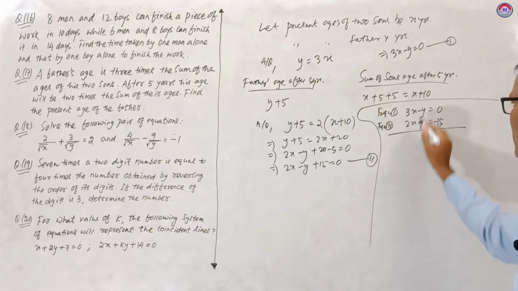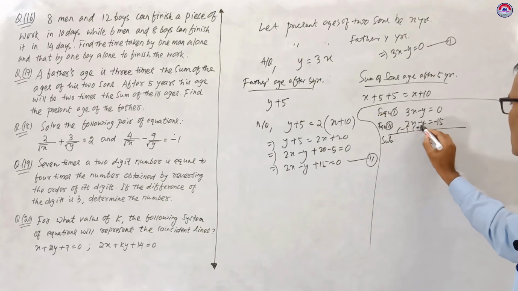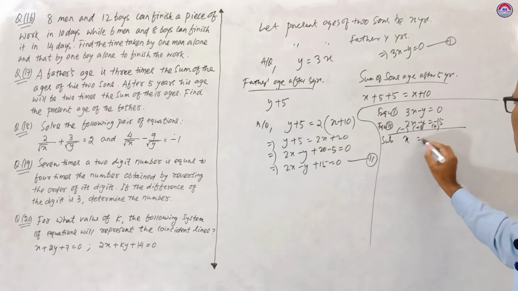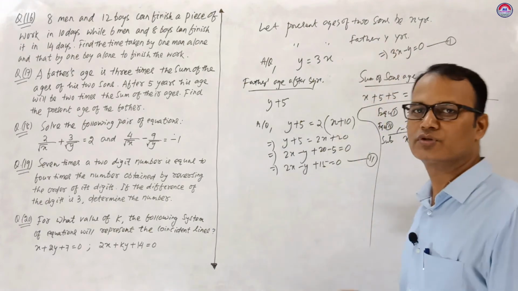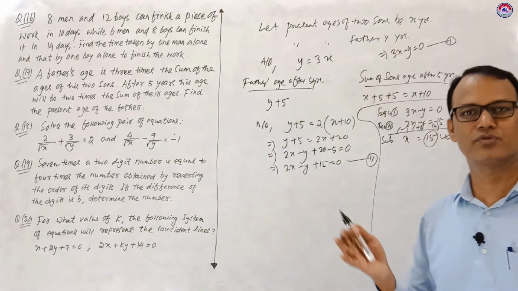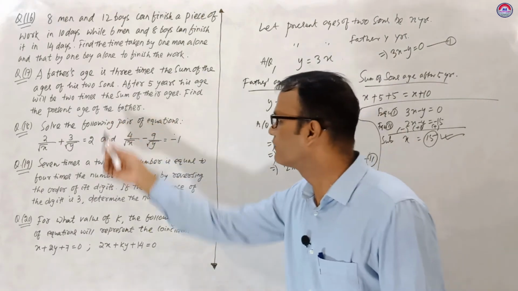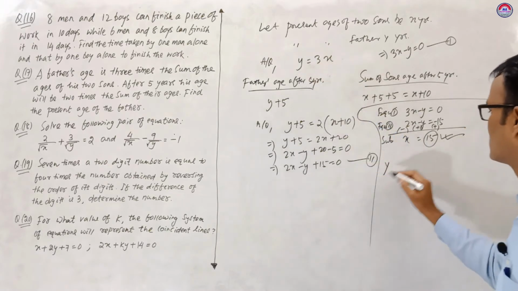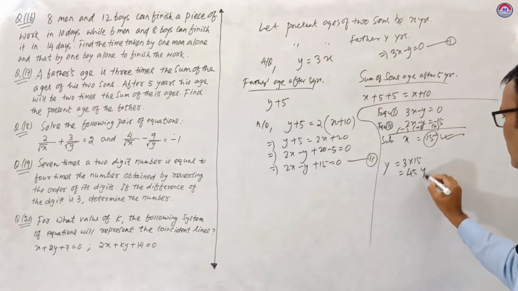Now you see, subtract: minus minus is plus. x equal to 15. So the value of x is 15. What is x? The sum of the present ages of two sons. The question asks to find the present age of the father. So the present age of the father, y equal to 3x, 3 into 15 equal to 45 years.